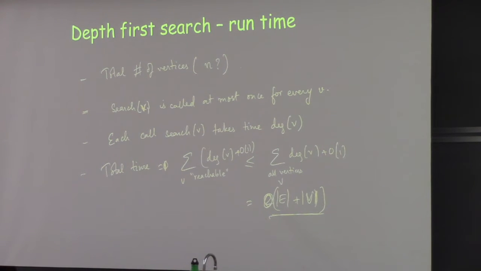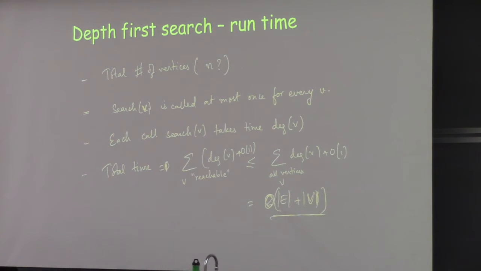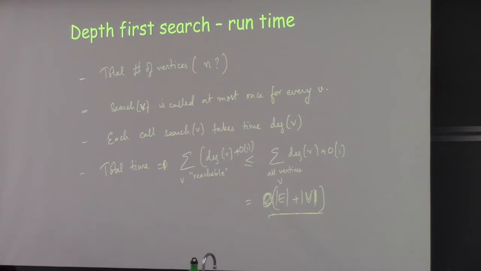Basically, it's the size of the reachable component that matters, but it's easiest to bound it by O of n, because otherwise you'll have to say whatever the size of that component is. And the size of the component is always related to the number of edges, right? Because any connected component has at least that many edges. So in this case, yes, you could have skipped this, but it's just convenient to write it like that.